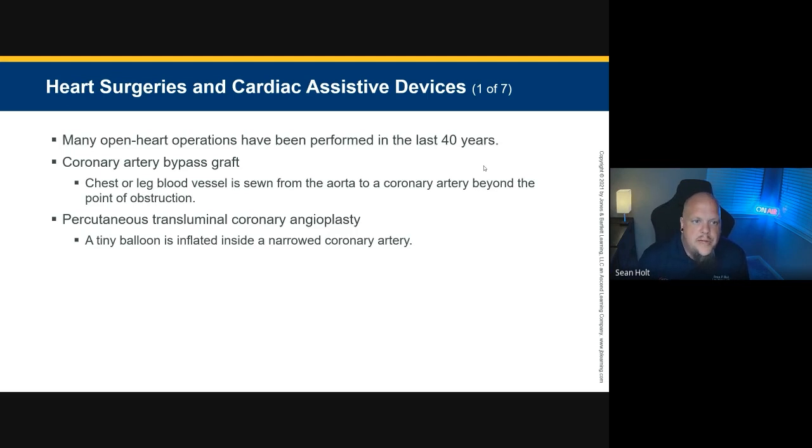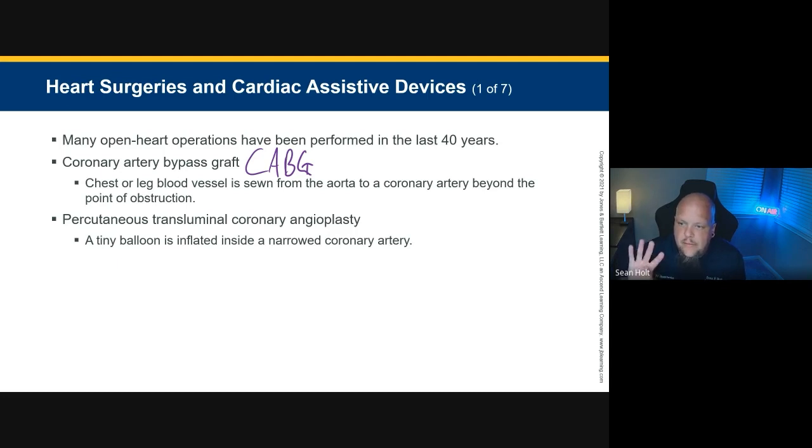Okay, so many open heart operations have been performed in the last 40 years. There's something called a coronary artery bypass graft, also known as a CABG. All right, coronary artery bypass graft. If you ever hear somebody say, I've had a quadruple bypass, they're talking about CABGs.